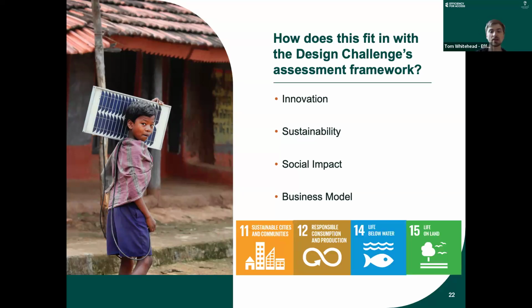We're also thinking about sustainability and social impact in terms of the impact on life below water, maybe as a result of limiting the amount of waste, limiting the amount of harmful things in the mining process, whatever it may be. You can really highlight how your design is addressing ecosystems throughout its life cycle. So that's 14 and 15.